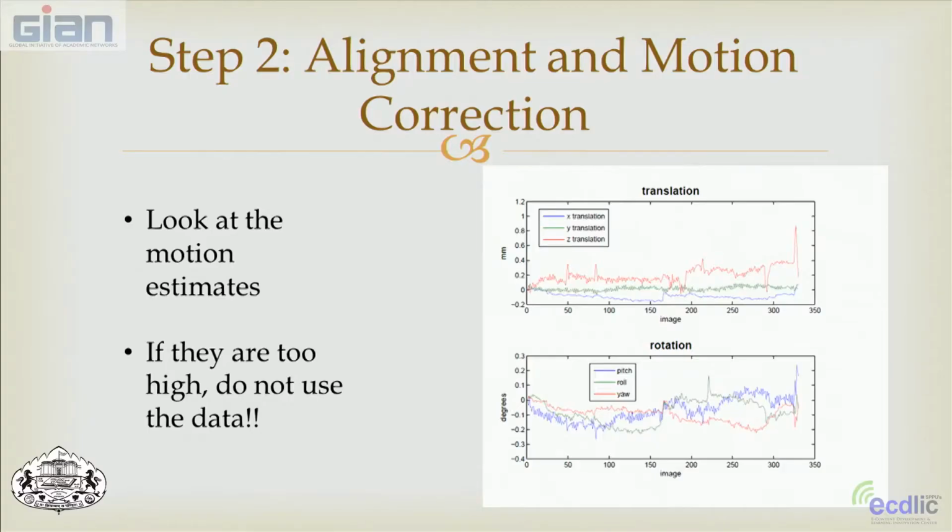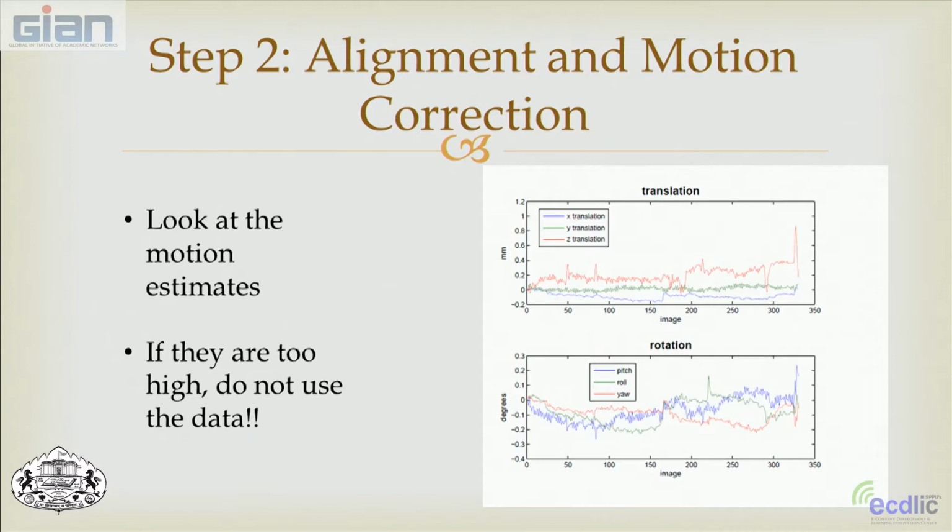Okay, so after we've done the motion correction, we end up with 6 parameters. And remember, these are over time because we have a time series of images. So the important thing to do after your motion correction process is to actually look at your motion estimates.